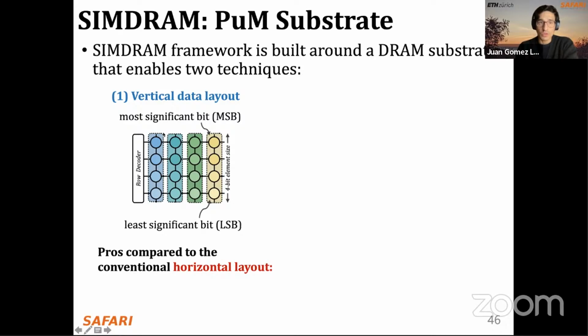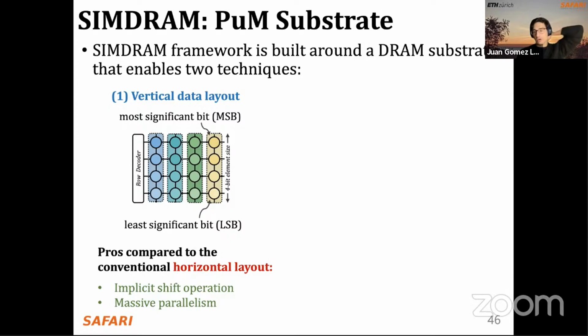The good thing about doing this is that each of the bit lines now turns into a SIMD lane. So if we have 64,000 bit lines in one DRAM subarray, we have 64,000 SIMD lanes in a DRAM subarray. And this has additional advantages, not only the parallelism, but also that it allows us to shift bits as they are needed.